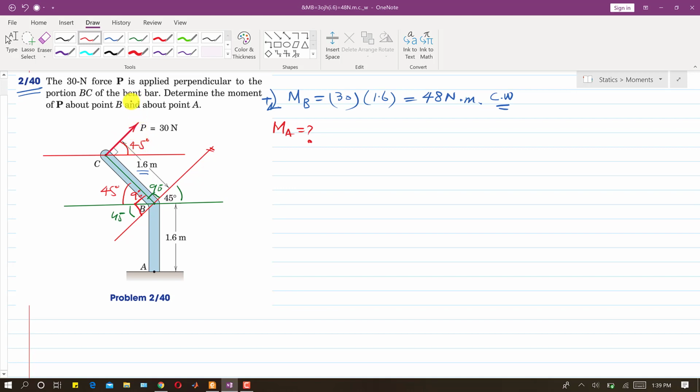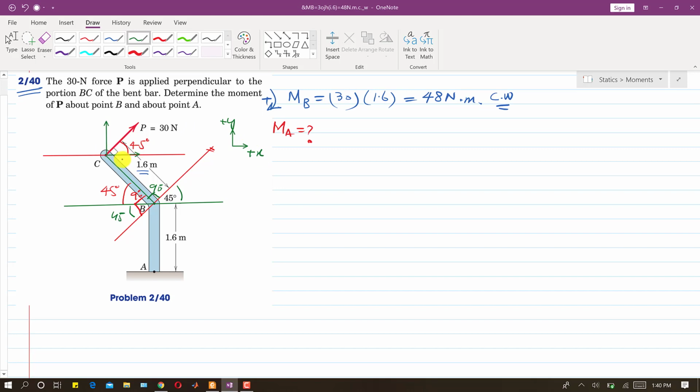So now if we resolve this force into its components, let's suppose I draw its components, then this will be the horizontal component of this force, and this will be the vertical component of this force, right? Now let me draw this. Let's suppose this is the reference axis, so this is positive x-axis, this is positive y-axis.